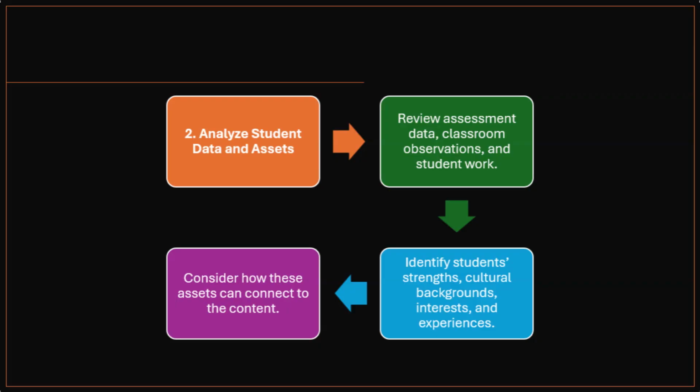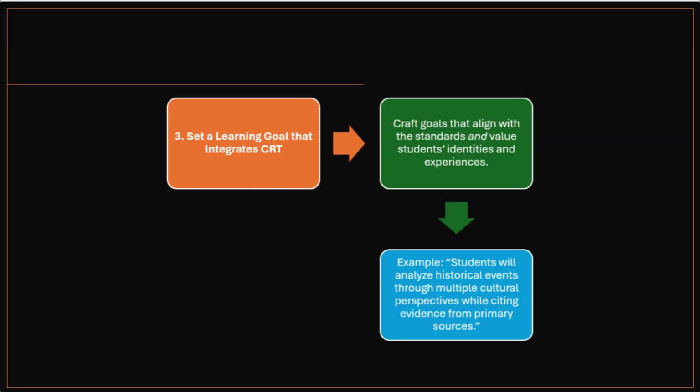Step 3, set a learning goal that integrates CRT, culturally responsive teaching. Craft goals that align with the standards and value students' identities and experiences. For example, students will identify suspense elements, or students will show knowledge of what film writers use.